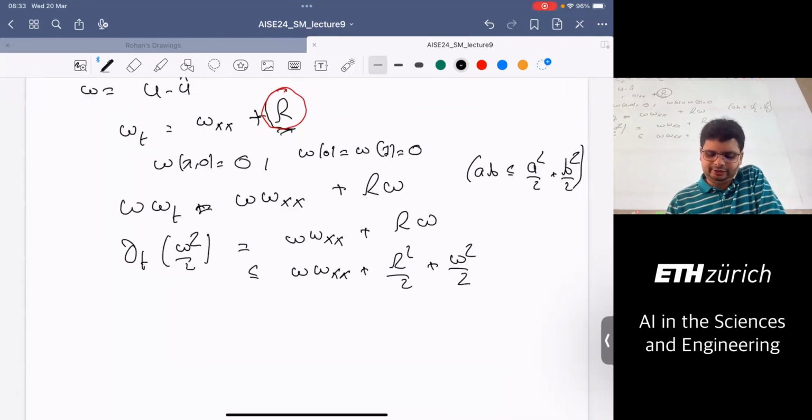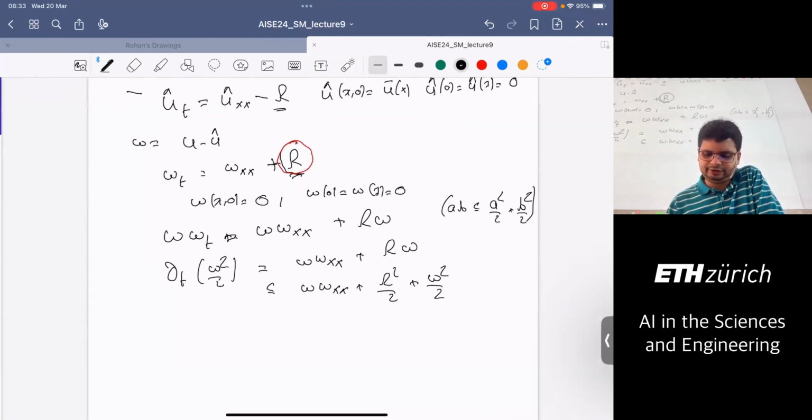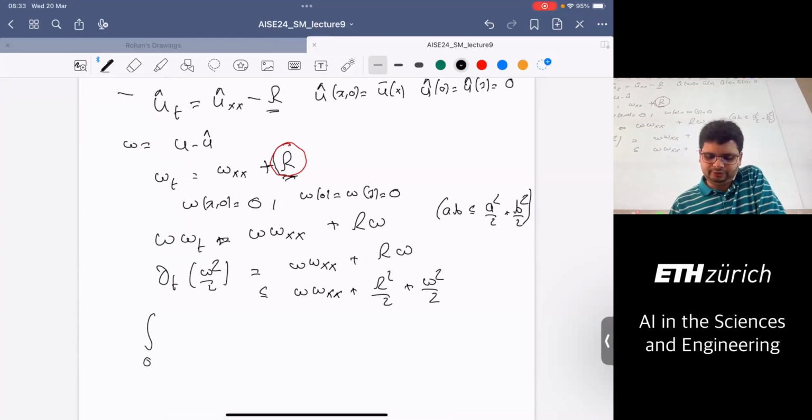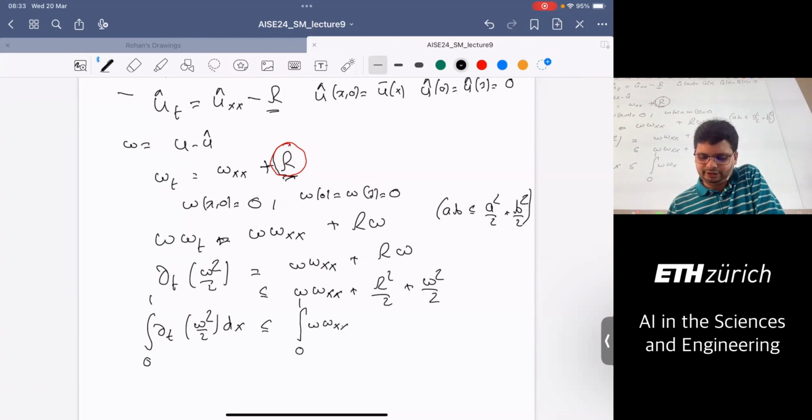And then I integrate, because at the end of the day, the errors are integrals. If I integrate from 0 to 1, this is also very straightforward. The integral of d_t W squared over 2 dx is less than or equal to, integration does not change anything, the integral of W W_xx plus the integral from 0 to 1 of half R squared dx plus half the integral from 0 to 1 of W squared dx.